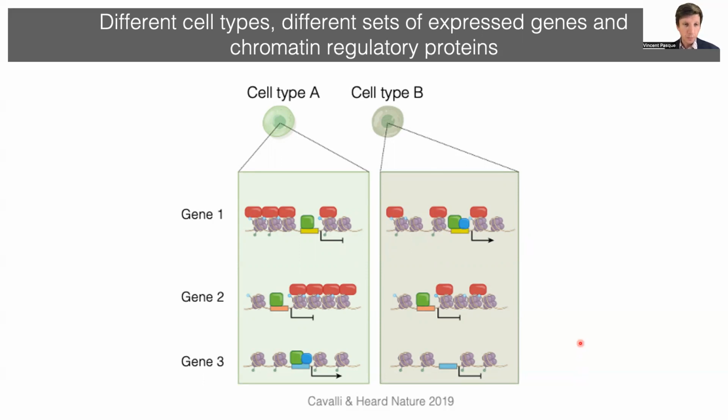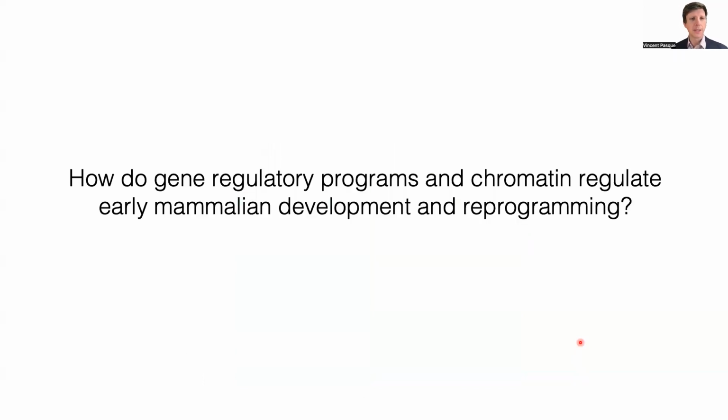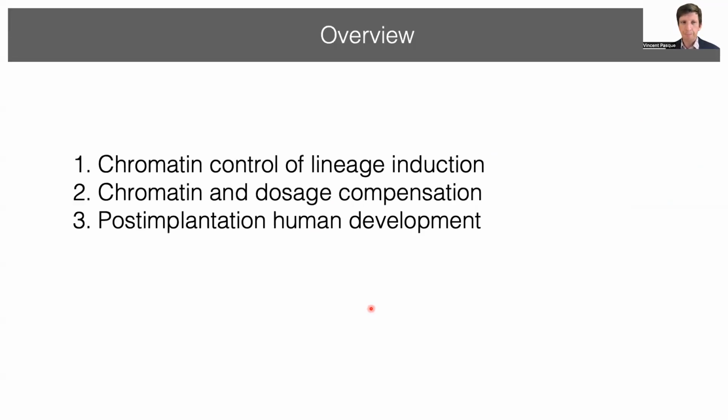And so it's really about how gene regulatory programs and chromatin regulate development and maintain cellular identity. And so the key question that I want to tell you about today is, how do gene regulatory programs and chromatin regulate early mammalian development and reprogramming? And we've made tremendous progress in understanding this over the last decades, but there are still many questions that remain.